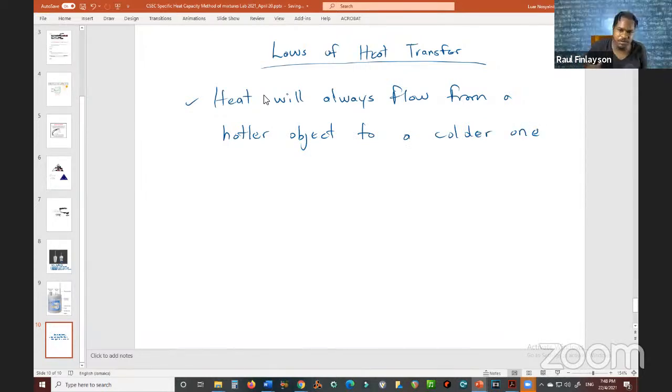All right, so let this sink in, guys. Heat will always flow from a hotter object to a colder one. All right, now that's the direction there. Any questions there?